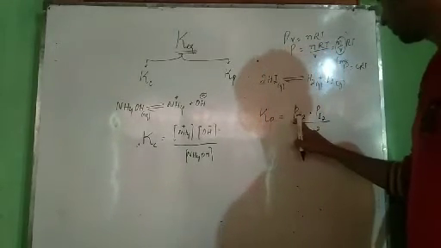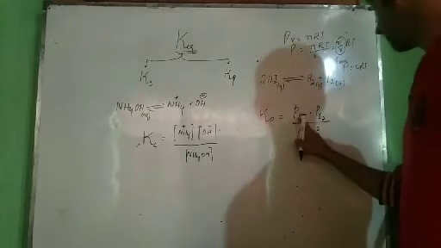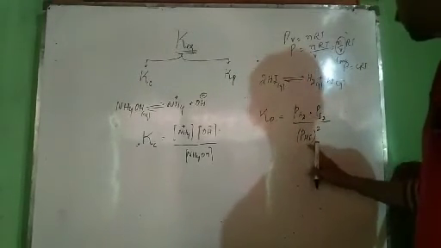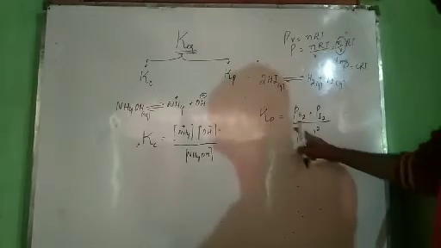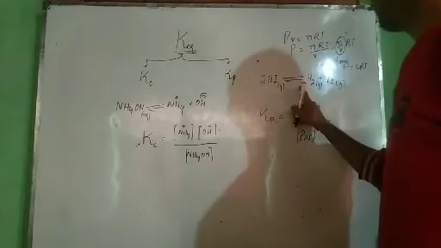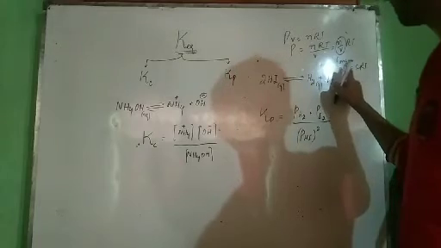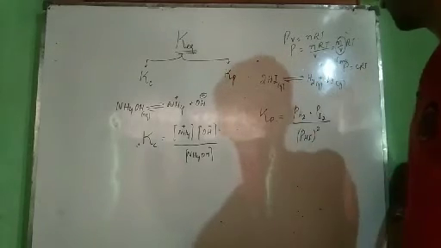I can substitute over here concentration of hydrogen into RT, concentration of iodine into RT. Means I can write equilibrium constant of gaseous reaction both in terms of pressure and in terms of concentration, because pressure and concentration are related.